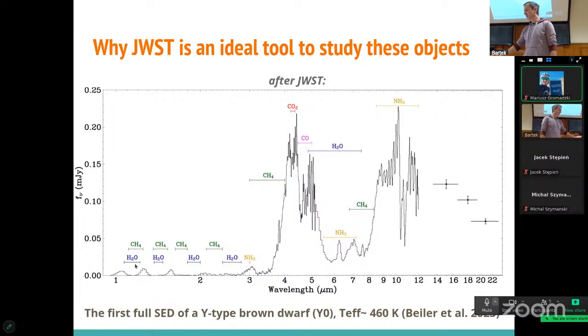Before, we could only see this, and very hard. Now we can measure all these details, see the spectral shape that resembles the atmosphere, and study all the elements and different molecules occurring there in the atmosphere.